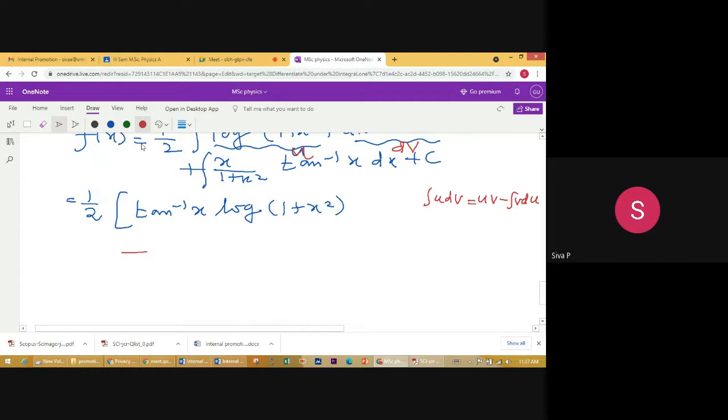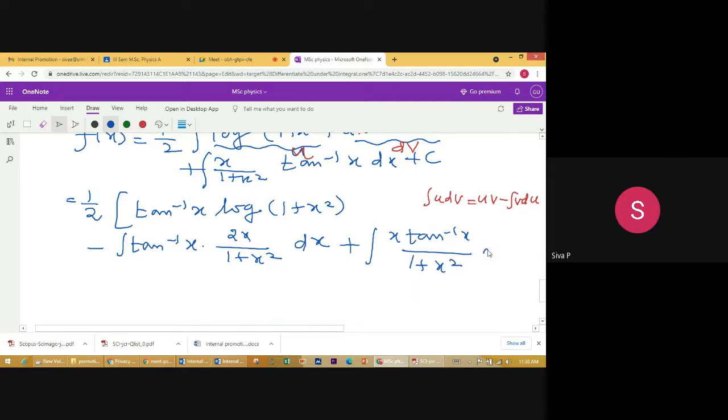Minus integral over tan inverse of x, where du is 2x divided by 1 plus x square dx, plus integral over x tan inverse of x divided by 1 plus x square dx plus some constant c.